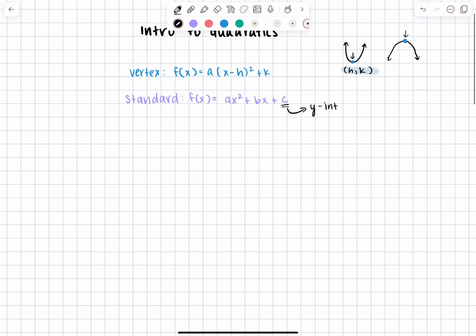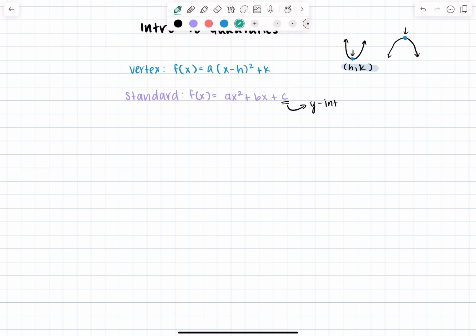And last but not least, we have our last form, the factored form. We get this from condensing the standard form. Condense this, and then we get the factored form.